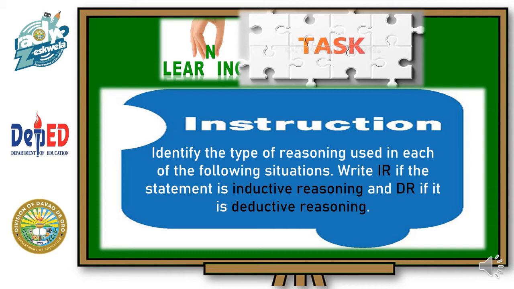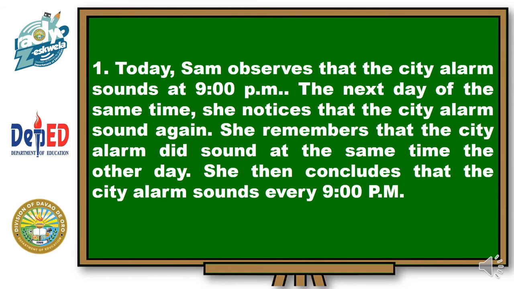Write IR if the statement is inductive reasoning, and DR if it is deductive reasoning. Again, on your answer sheet, write only IR for inductive reasoning, and DR only if it is deductive reasoning. Let's get started.